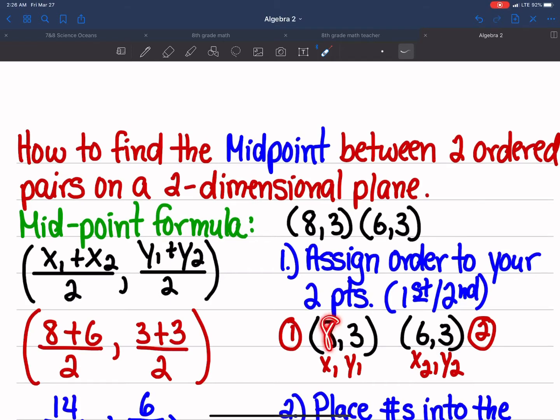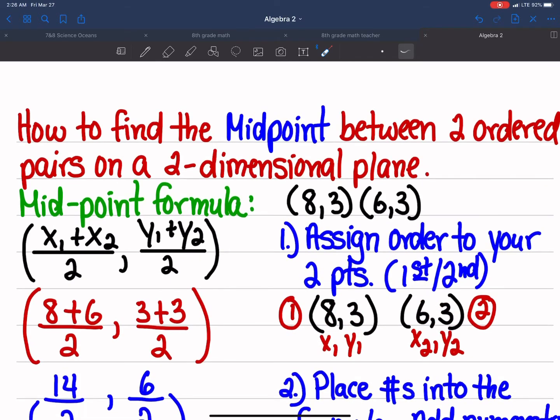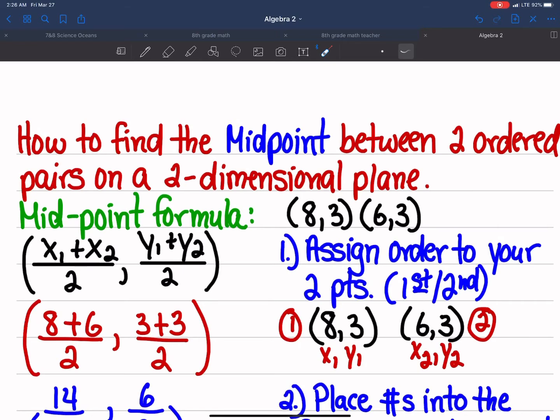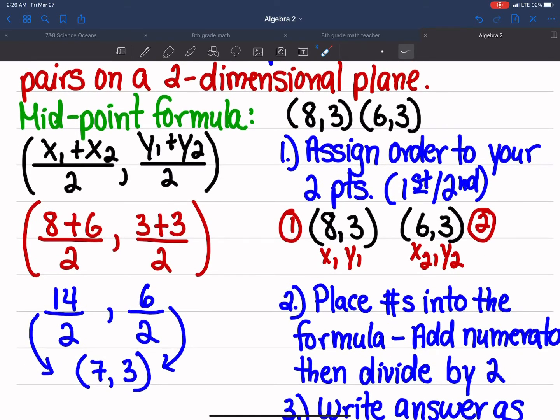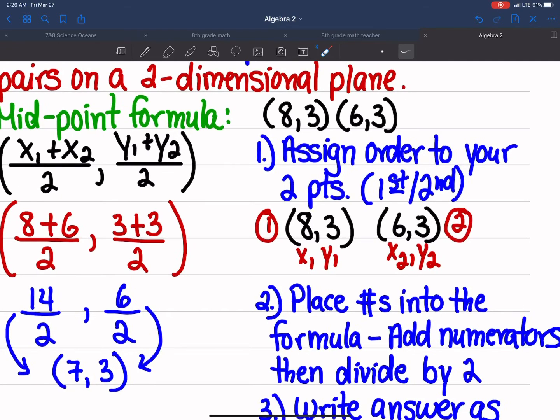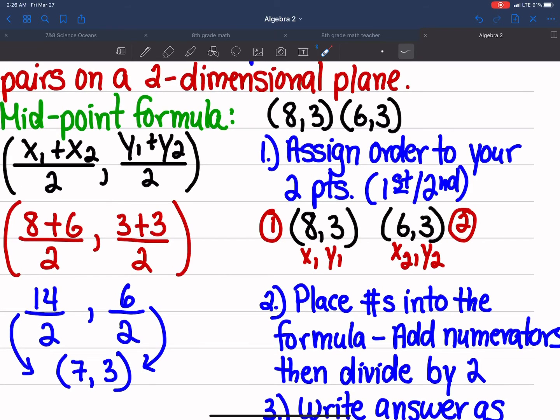So (8, 3) is going to be point 1 and (6, 3) will be point 2. I'm going to put them into my handy dandy notebook or formula. And then step number 2, it says place numbers into the formula, add the numerators, then divide by 2. Okay, so x1 plus x2 is 8 plus 6. y1 plus y2 is 3 plus 3.